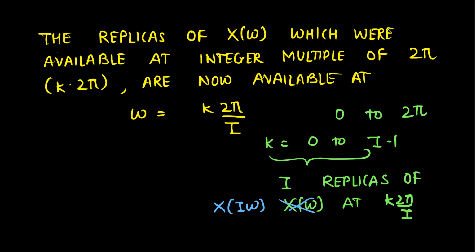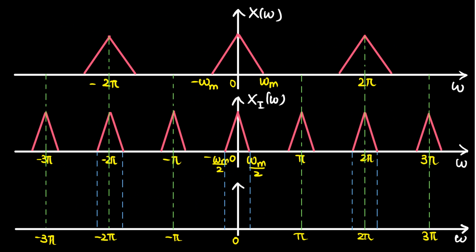So let us try to understand this using an example. For that we will consider I equal to 2. Therefore the Fourier transform of the interpolated signal will be given as X(2 omega).